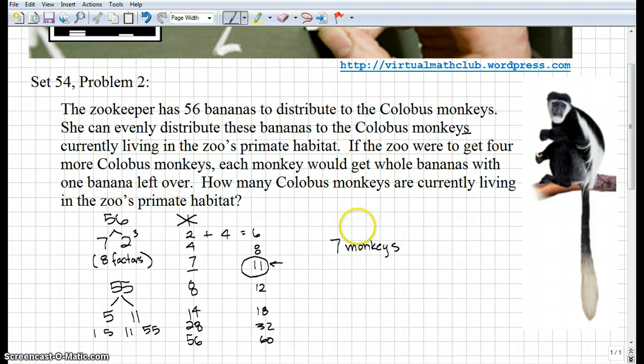Okay, so that's our answer: we have 7 monkeys originally, because that's the only one that, when we add 4, gives us a factor of 55. Okay, so there you go.